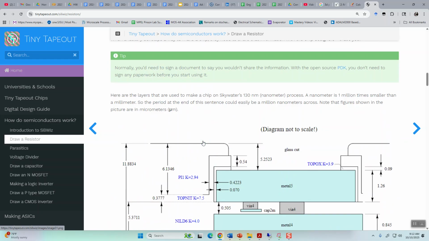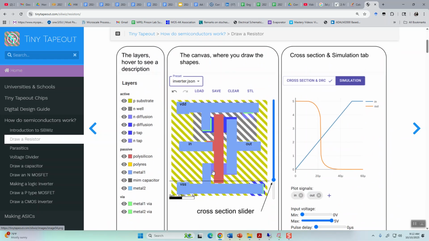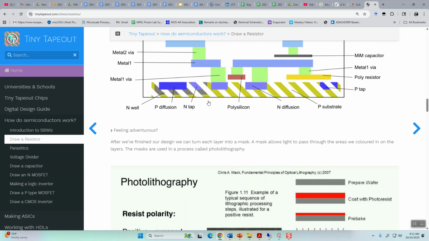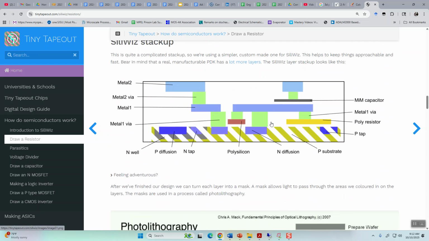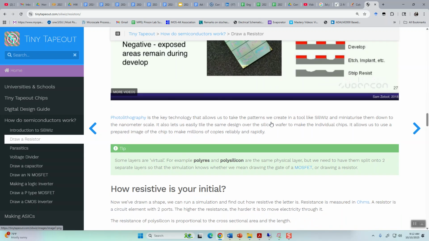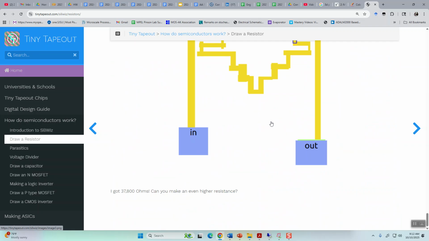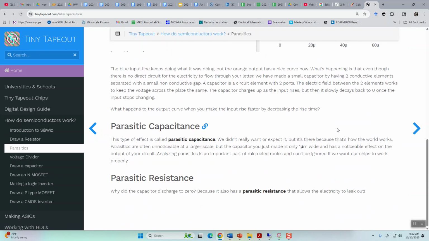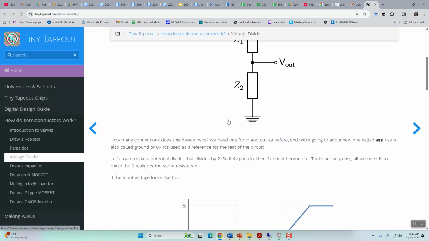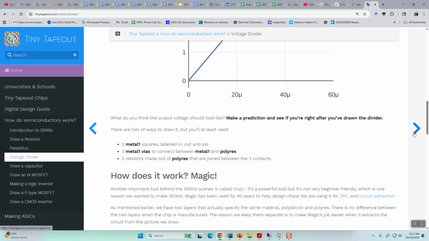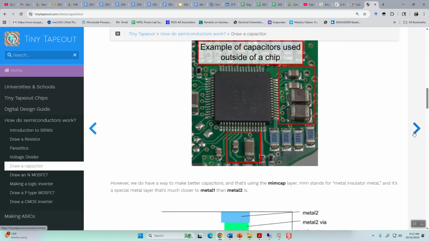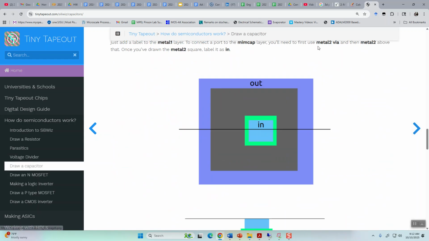And then what you draw here, you can have it do an abstraction of a 3D cross section. And it has a few exercises that, if you just go and do it, you will learn quite a bit, even from a voltage division, making capacitors and things like that. Really, by doing these exercises, you can bring yourself up to speed rapidly.